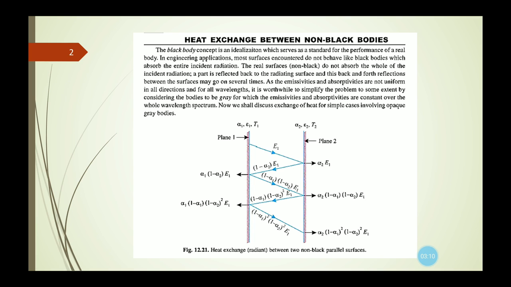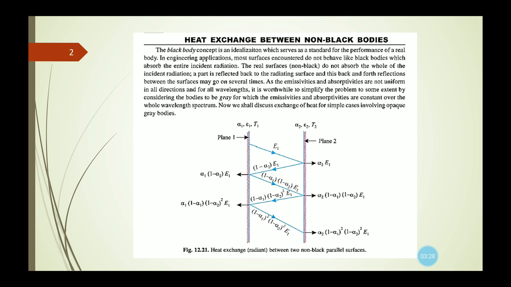In the diagram below, you can see the heat exchange between two different non-black parallel surfaces. Here we have considered two parallel surfaces: one is plane 1, on the left side of the diagram, and the other is plane 2, on the right side.